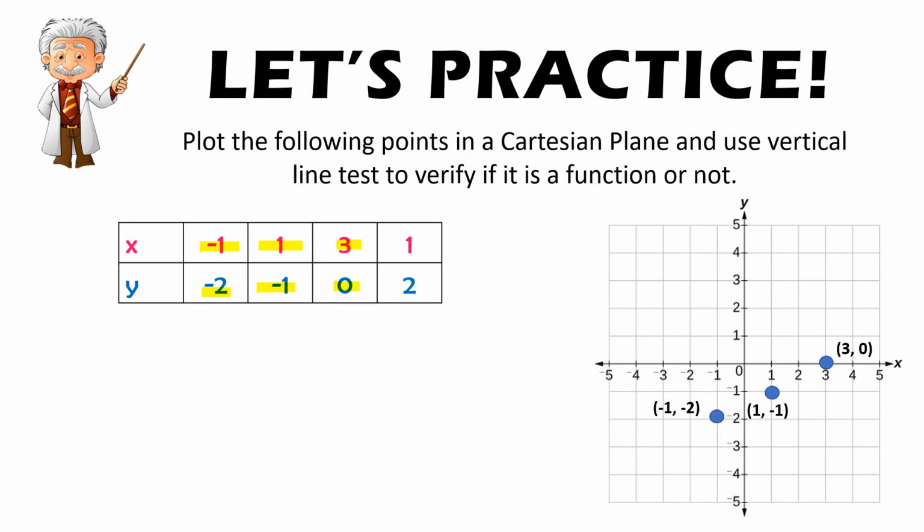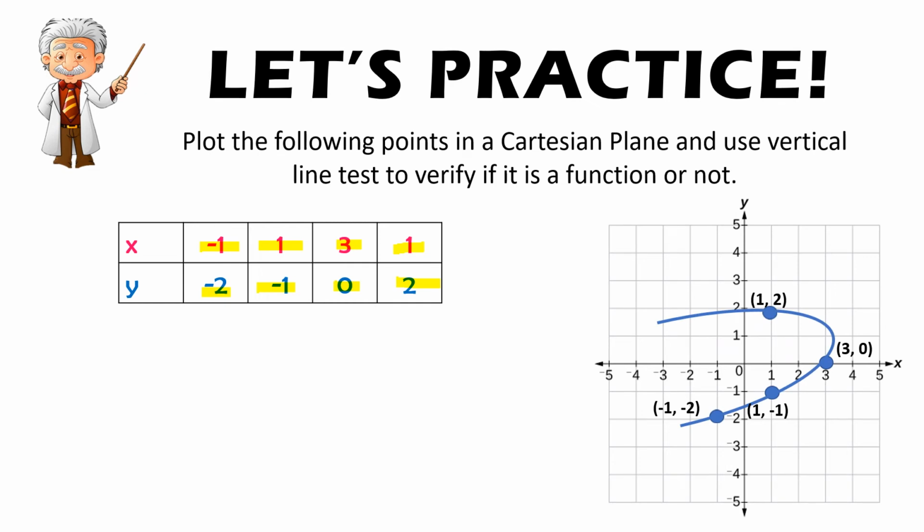Okay. Now, in our fourth ordered pair, so 1 sa x-axis natin. And then, since positive na ang value ni y, so sa taas. Papunta tayo sa taas. Yan. Okay. So, that is the point 1, 2. Okay.